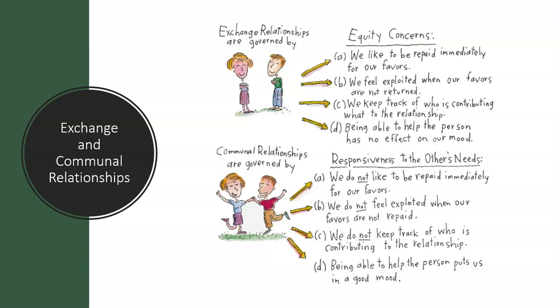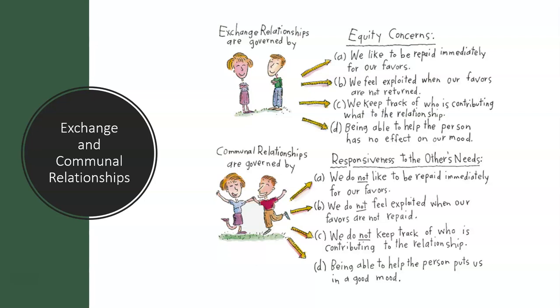So the idea of doing tit for tat favors and then getting mad when somebody doesn't reciprocate right away isn't relevant. You do nice things for your partner because you want them to feel that their needs are being met. So you're valuing their needs more than your own in those moments. If you're doing nice things for your partner, you're not feeling exploited when you do it. You're feeling like you're giving them love and affection and care to meet their needs.